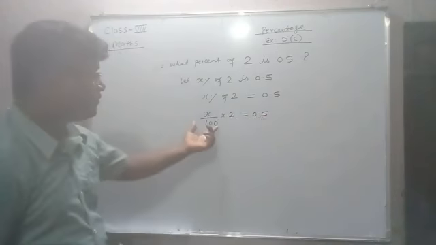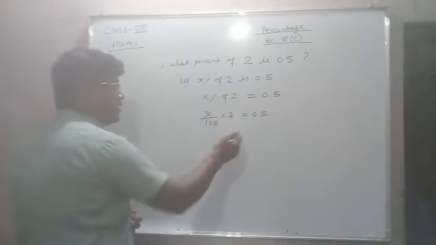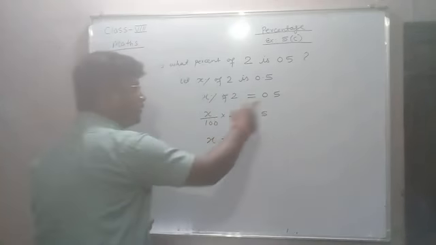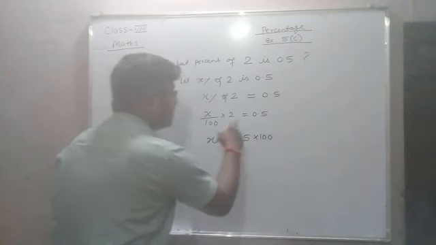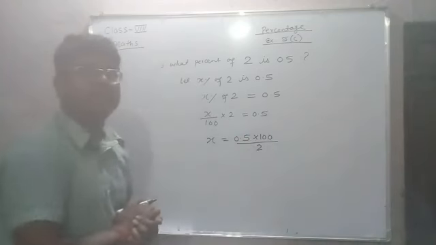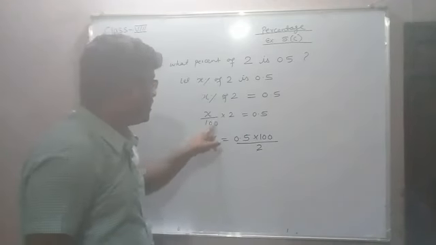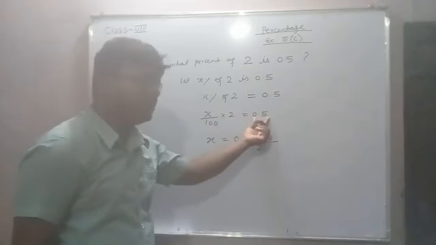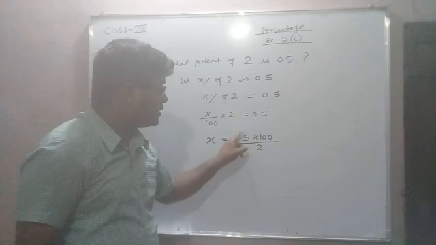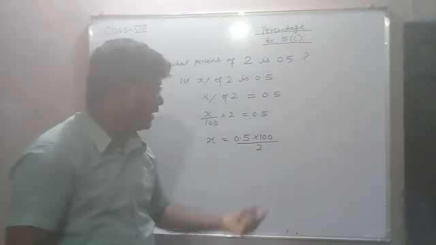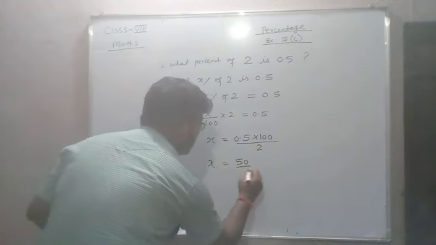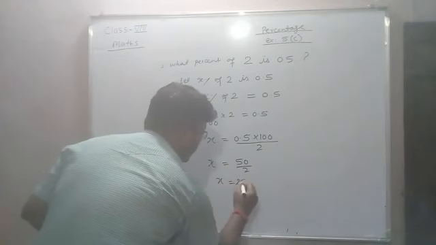You can do cancellation here, or you can transfer to the right hand side. 100 is dividing, so it goes to the right hand side and multiplies, and 2 is multiplying, so it goes to the right hand side and divides. Why am I not cancelling? Because it is in decimal. If you transfer the 100 there, you can shift the decimal and divide easily. So x is equal to 50 upon 2, that is x is equal to 25.